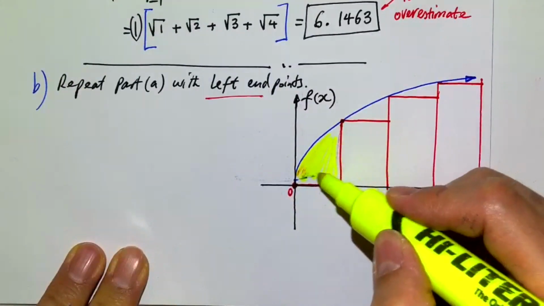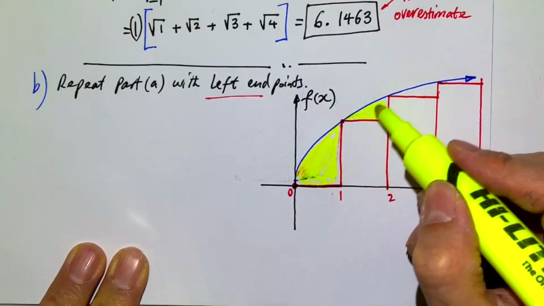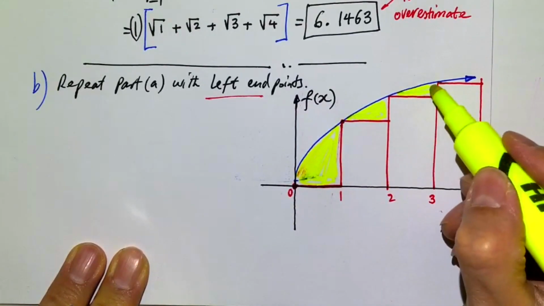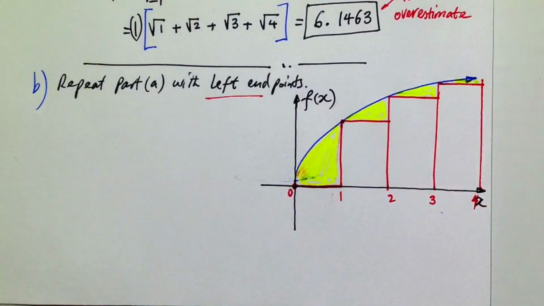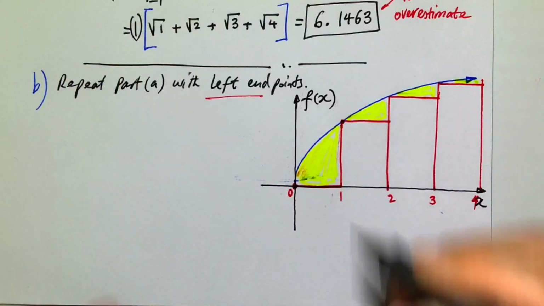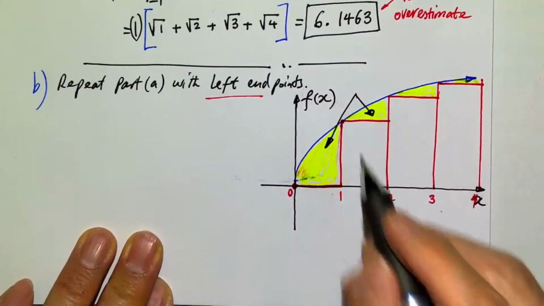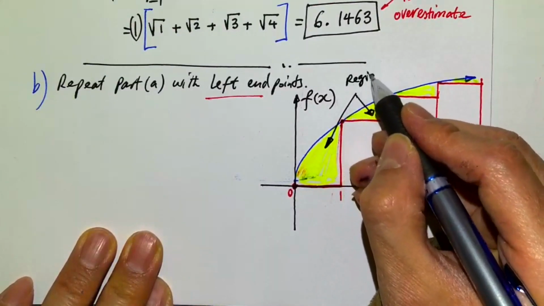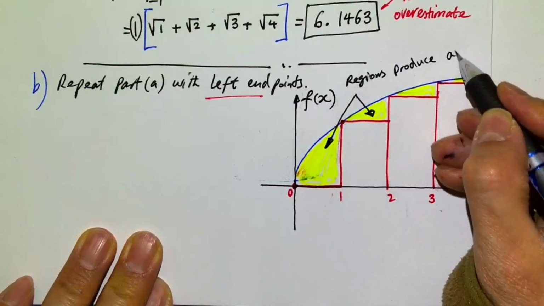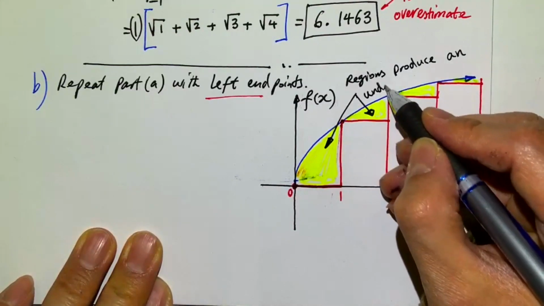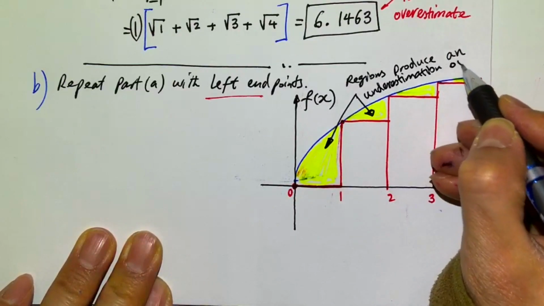We're losing that space, this one here, and that one. So these regions produce an underestimation of the area.